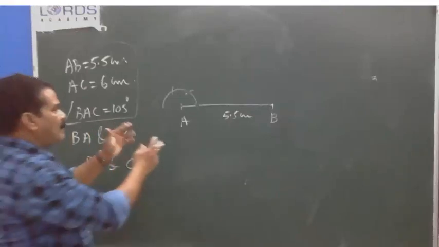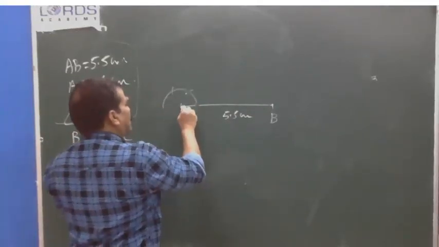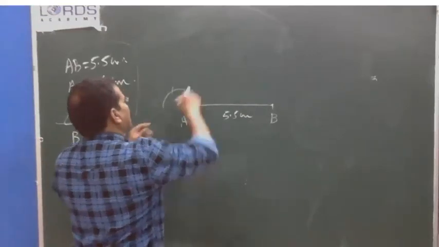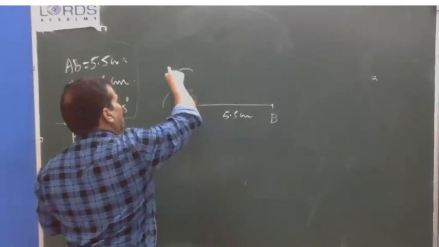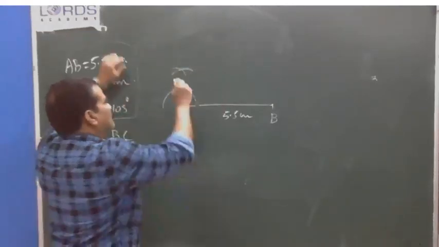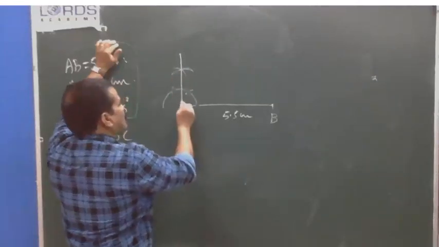The 90 will be the 60 and, between this, 30. You will get it. Join using a scale. This is 90.